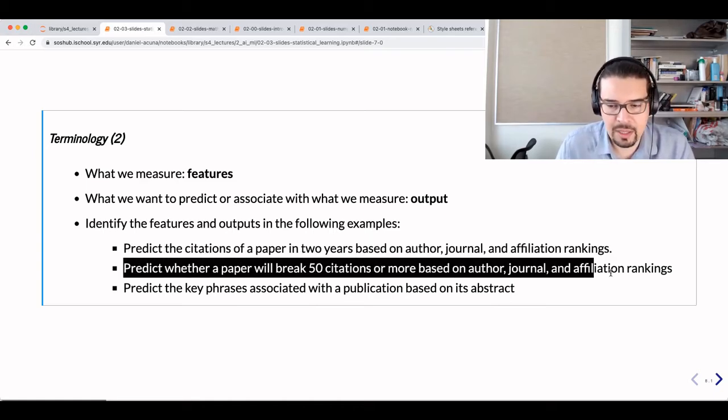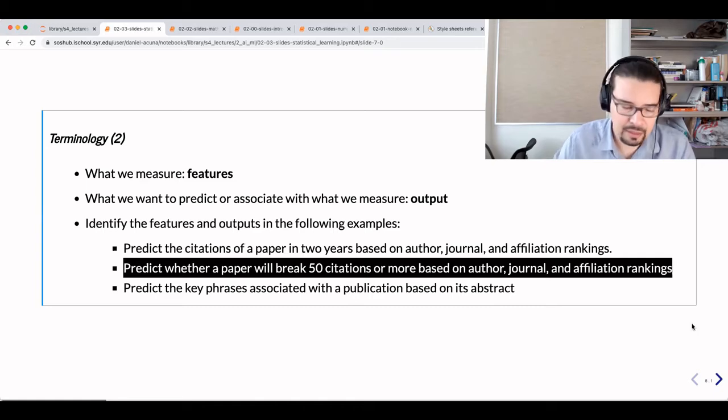You can have something similar. So these days it is very appropriate to not just think so much about citations, but maybe think about papers that are outstanding, that stand out compared to other papers, for example, hit papers that break a certain threshold of citations. So maybe you want to predict whether a paper will be a hit.